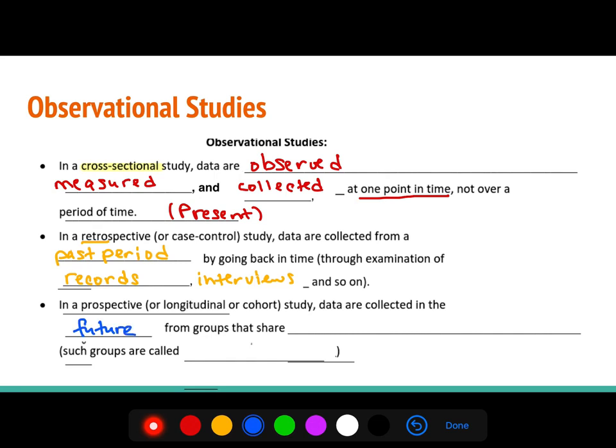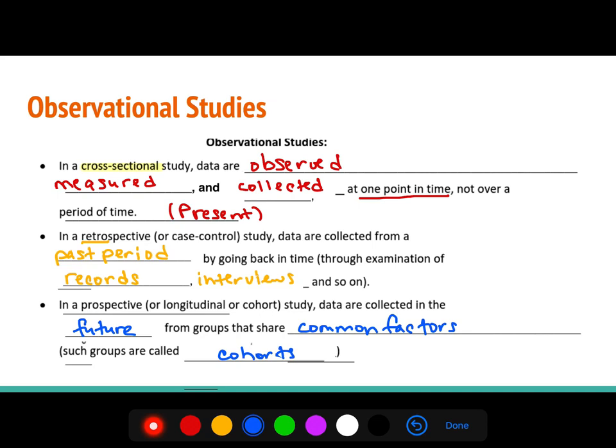In a prospective or longitudinal or cohort study, data are collected in the future from groups that share common factors. And those groups are called cohorts. So we have present, past, and future observational studies.